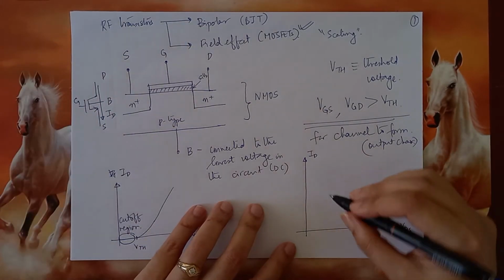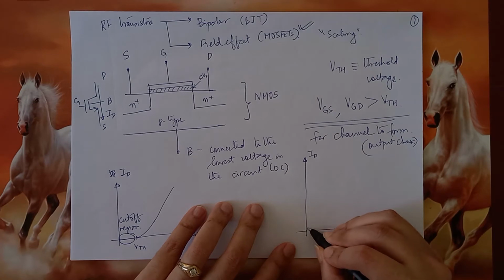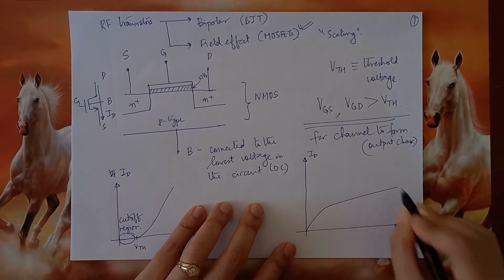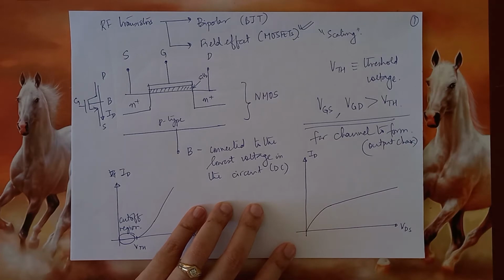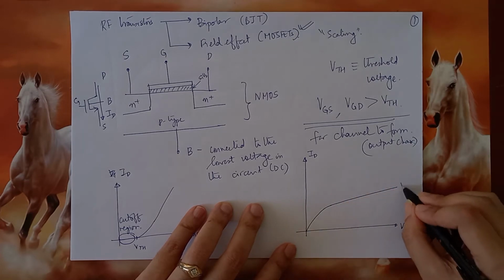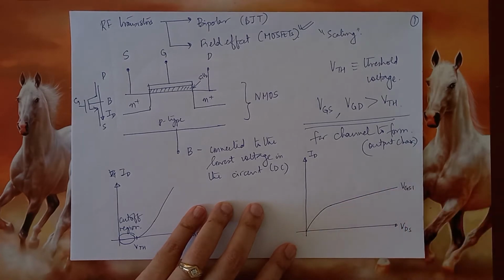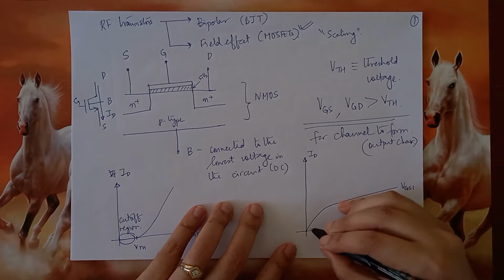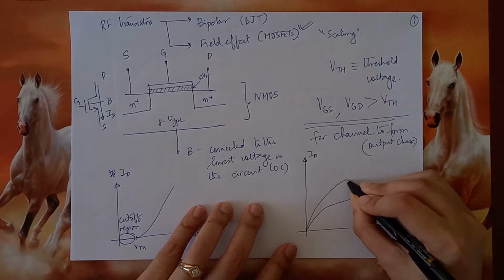So you will see that initially the drain current would rise something like this and then go in this format. This is for keeping the VGS constant at some value, VGS1. If I now increase the gate to source voltage and keep it constant at some higher value, what I would see is something like this.